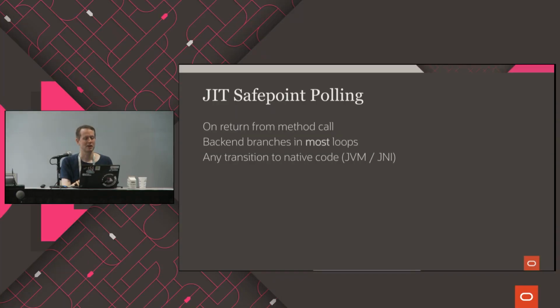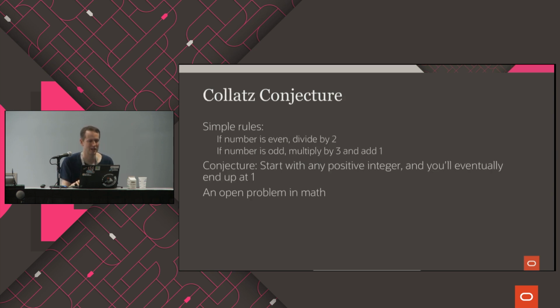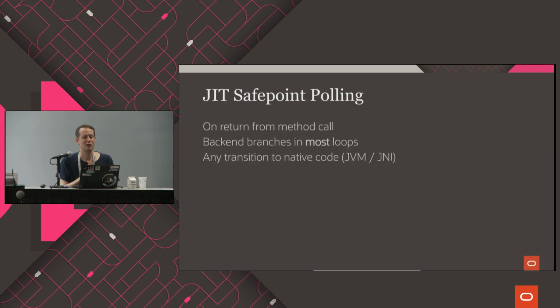What's interesting here is that when we compile code, we have to pay attention to where we're going to put these safepoint polls in. We can't just have them in every other instruction, because that would be a lot of overhead, and that would be unacceptable for JIT compiled code that we want to run as fast as humanly possible. So JRockit used to put polls in the beginning of method invocations. HotSpot, for whatever reason, does it at the end of invocations.